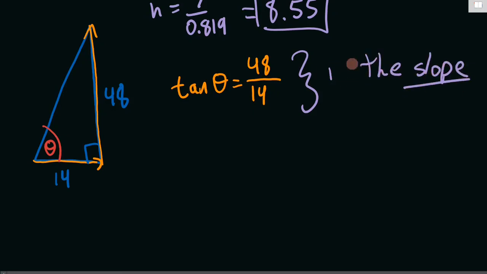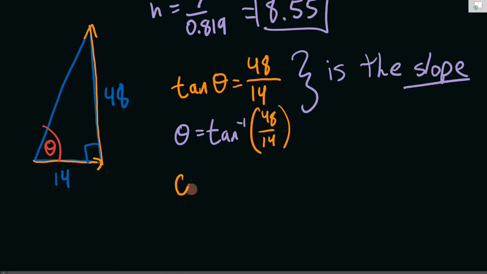And by definition, tangent is the slope of the triangle. So then all I need to do is theta is tan inverse of 48 over 14, so tan inverse of my slope. And so we work that out, and theta is 73.7 degrees.